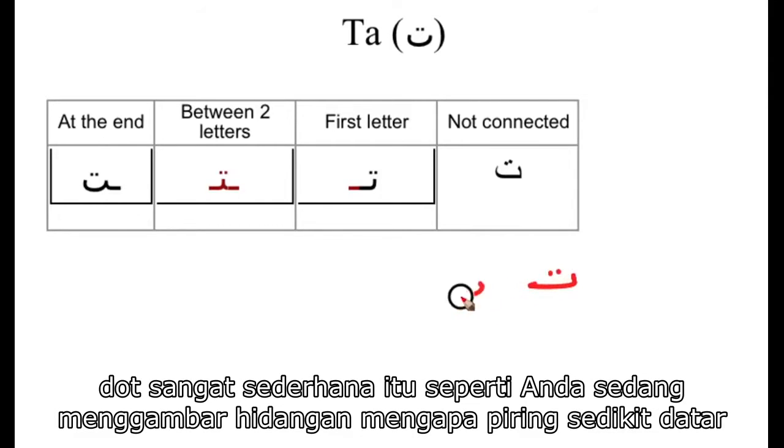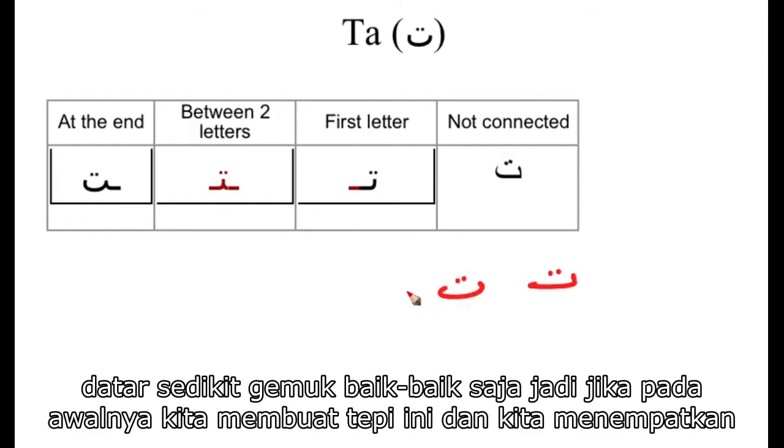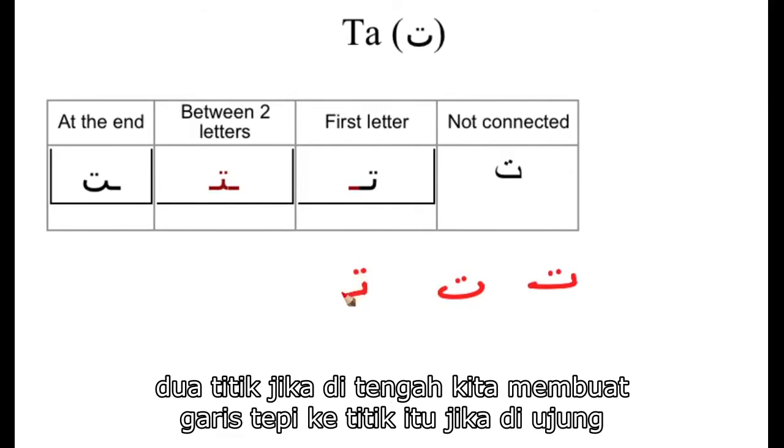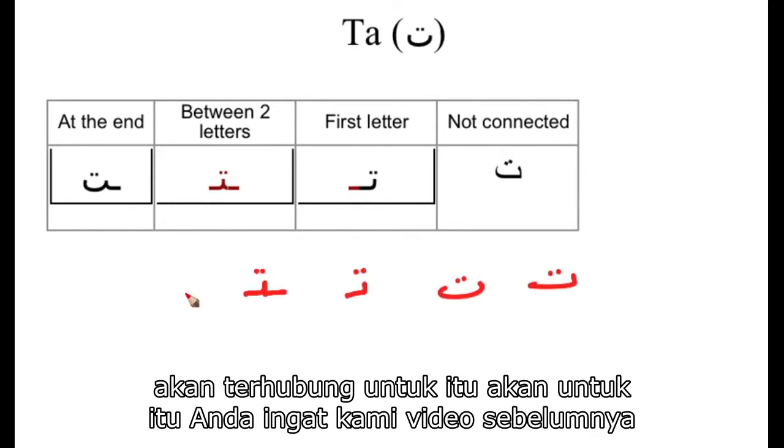Very simple. It's like you are drawing a dish, a wide dish, a little bit flat. If it is in the beginning, we make this edge and we put two dots. If it is in the middle, we make the line edge, two dots. If it's at the end, it's going to be connected to the letter before it.